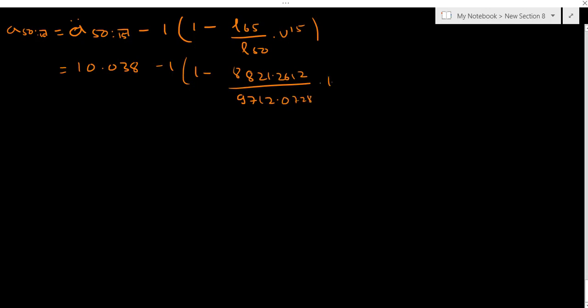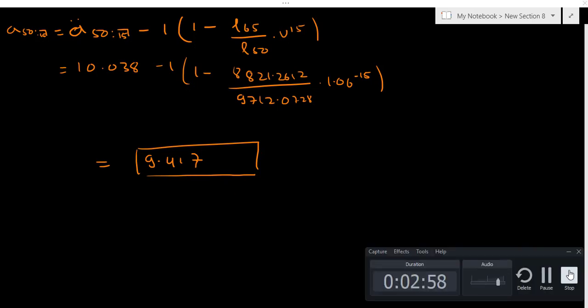And this is v15, which is 1.06 to the power of minus 15. If you solve this, you'll get the answer as 9.417. So this was a very easy question. Questions cannot get easier than this. You should be super happy if this comes in your exam.